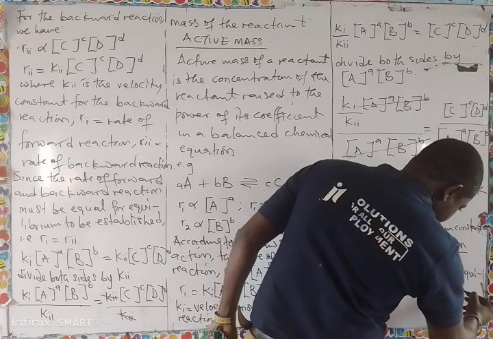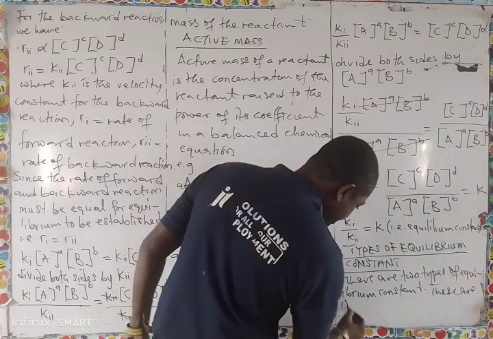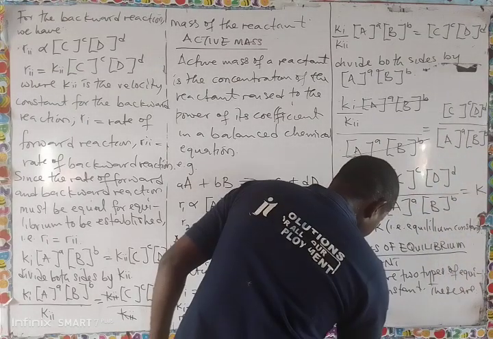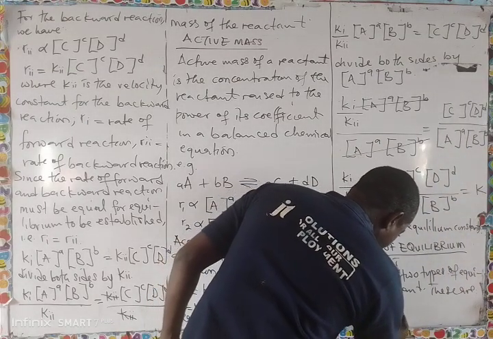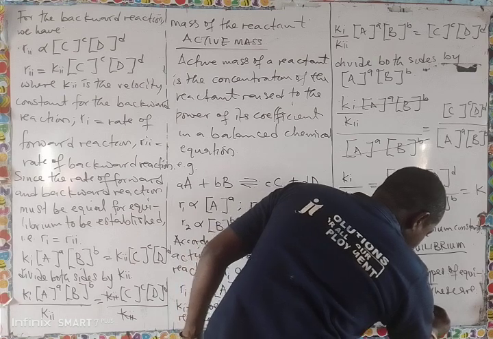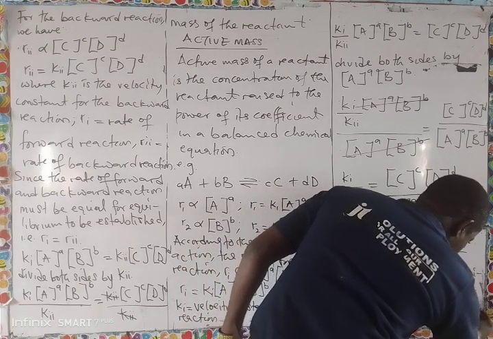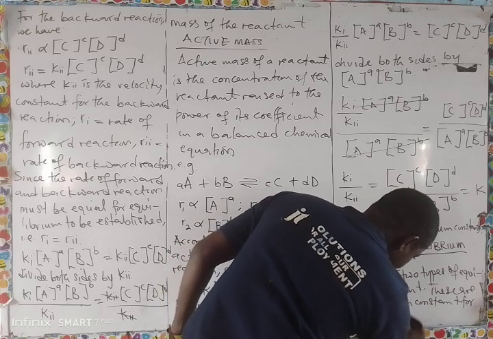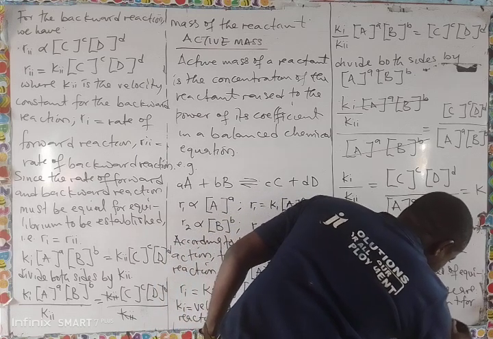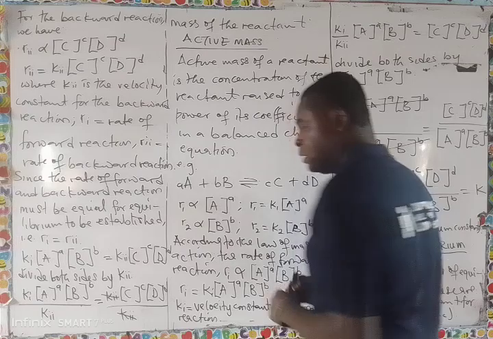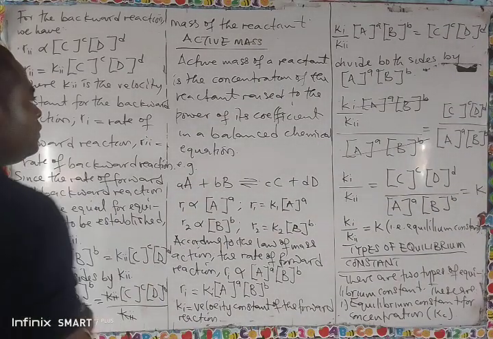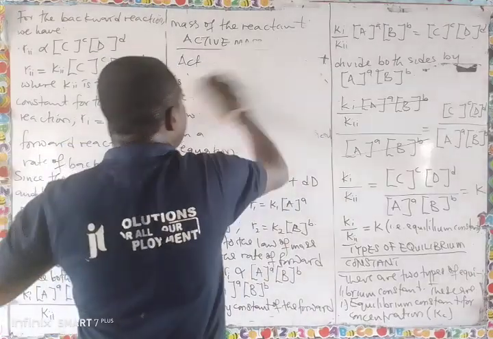The first one is called equilibrium constant for concentration. That one is Kc. While the second one is equilibrium constant for pressure.